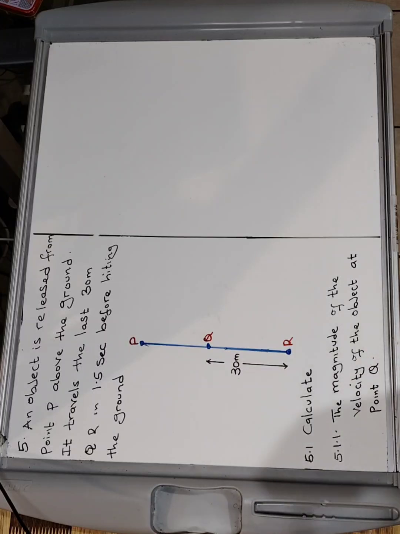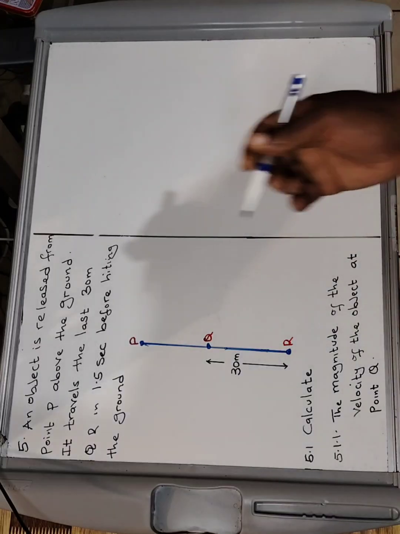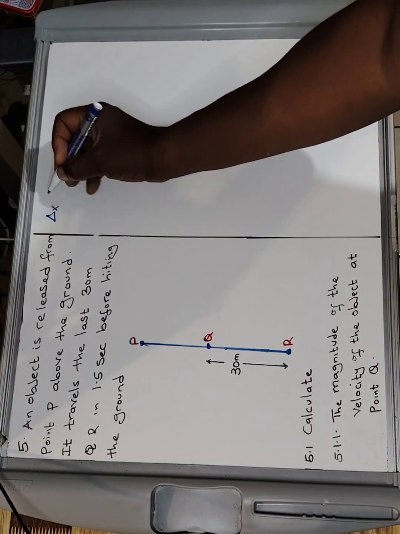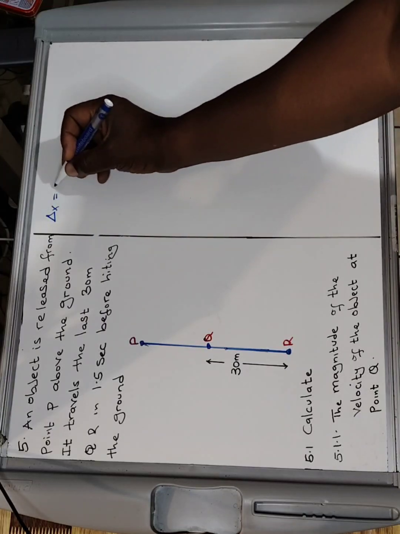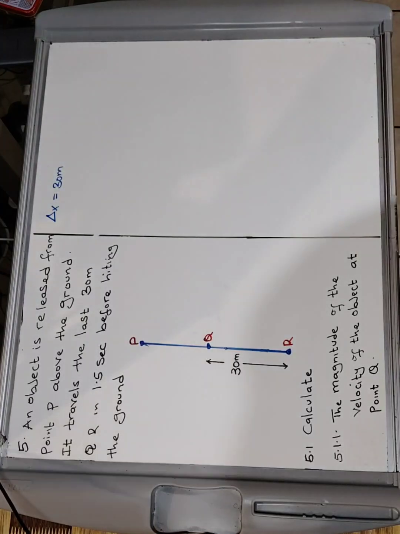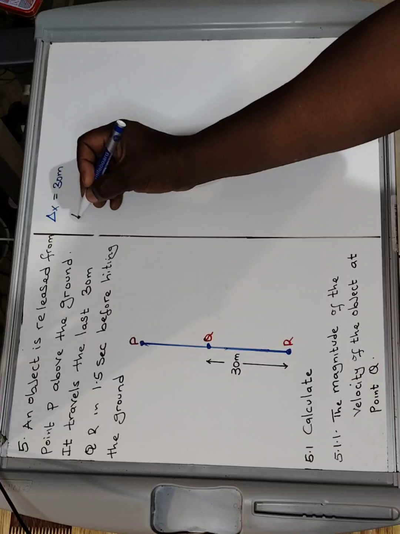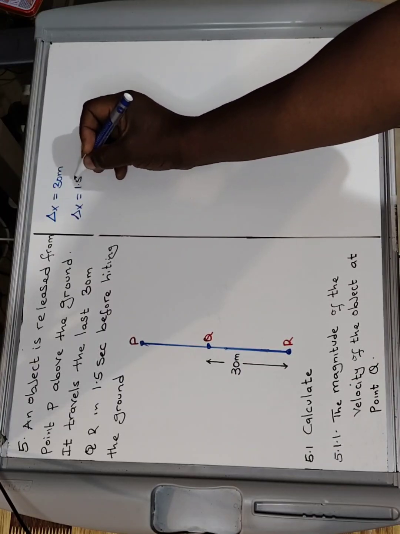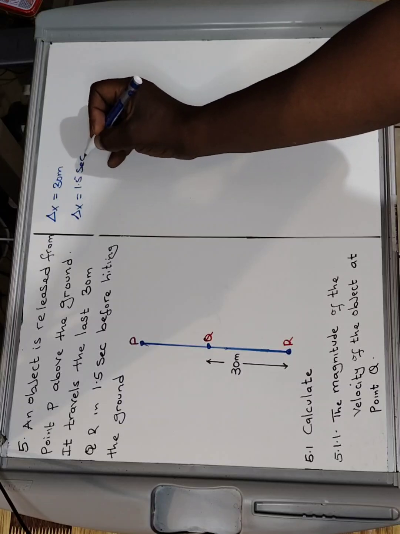When you look at this journey, what do we know? First of all, we know the displacement covered, delta x, which is 30 meters. What else do we know? We know the time taken, and the time is 1.5 seconds.